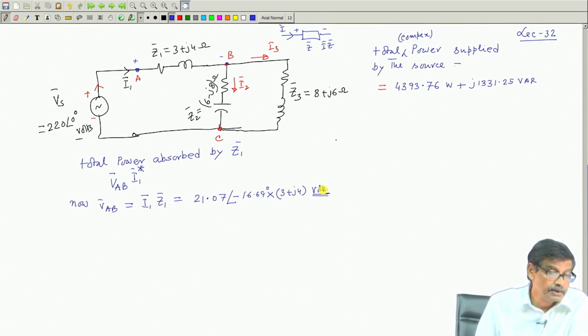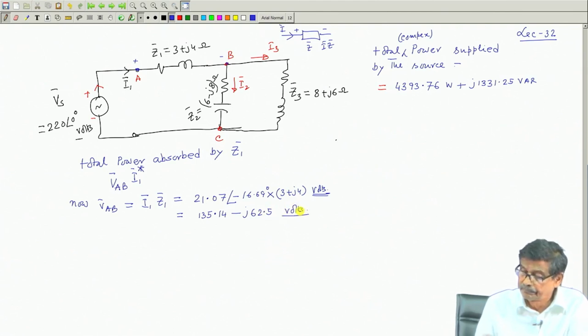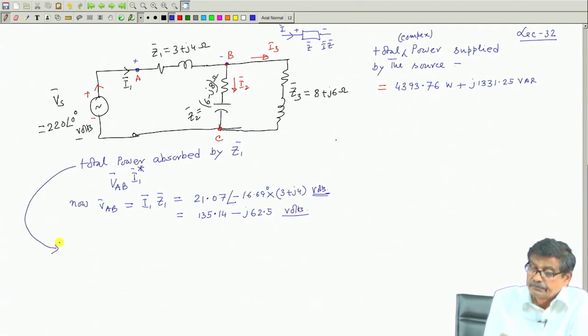V bar AB will eventually come as 135 in rectangular form, I have calculated, it can be minus j 62.5, so much of volts. This will be V bar AB. Then this calculation I carry on.